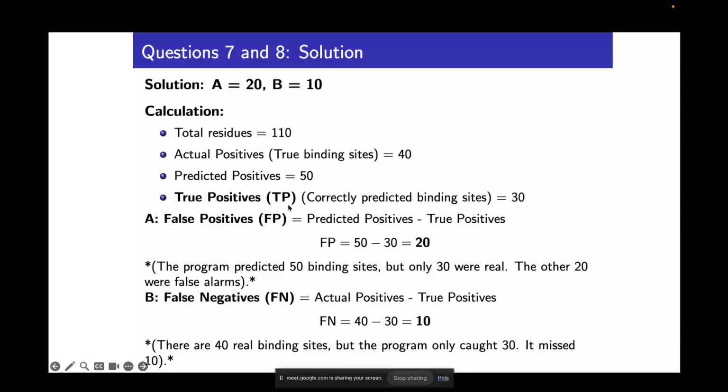So true positive would be 30, false positive would be the difference. So 50 minus 30 will be 20. 20 are predicted to be false positives. And false negatives will be the actual positives, which is 40, minus the true positives, which is 30. So that will be 10. So 20 and 10 are the correct answers.